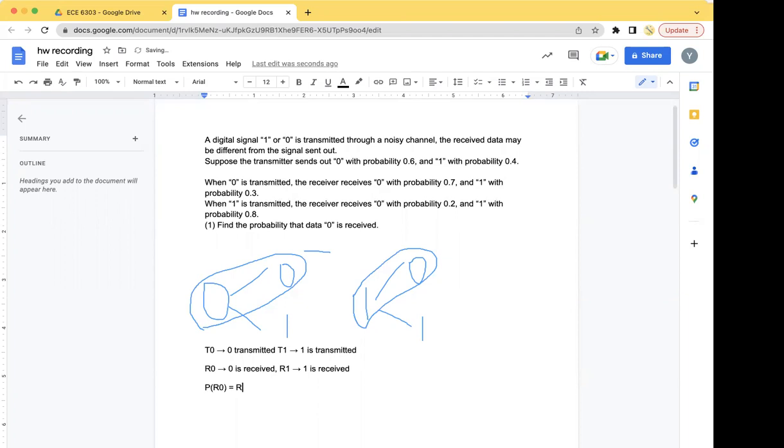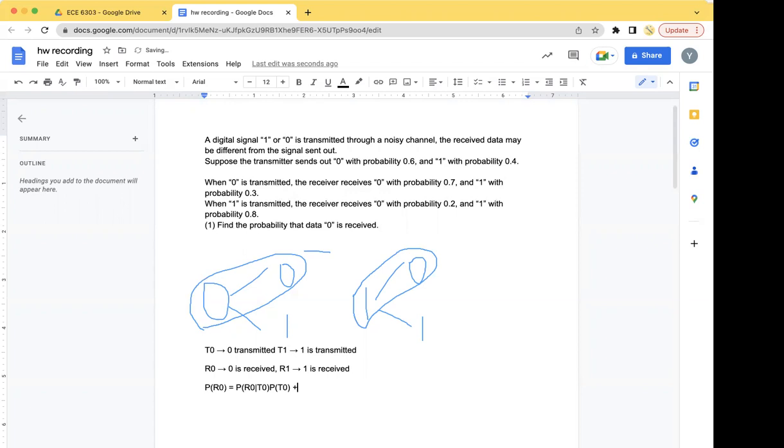Because of the conditional probability, we can get this one. The first part is for the first situation we drew above.